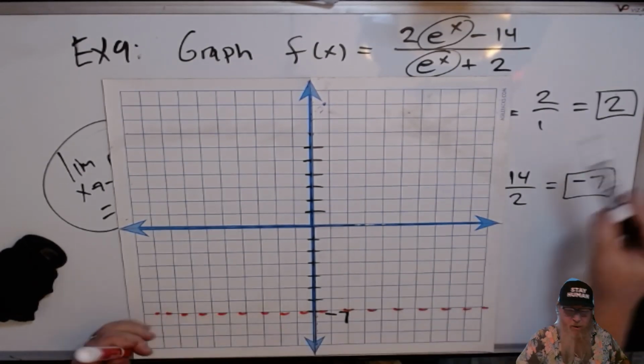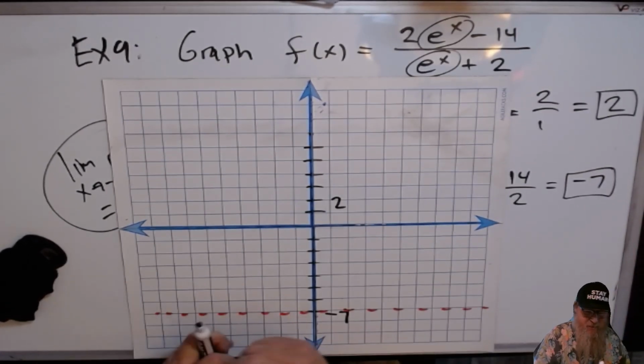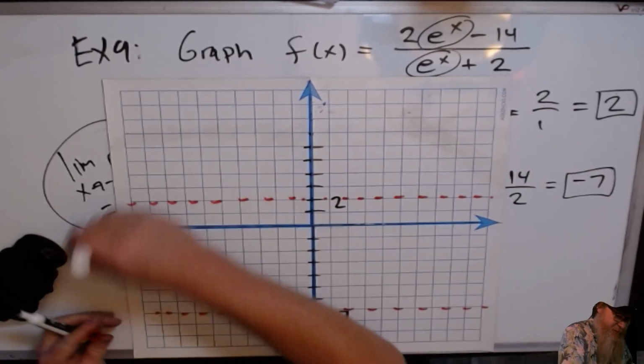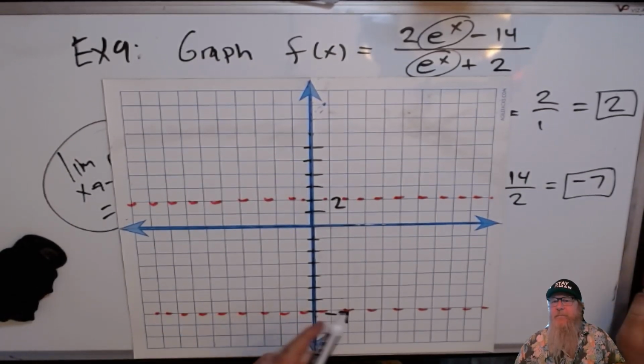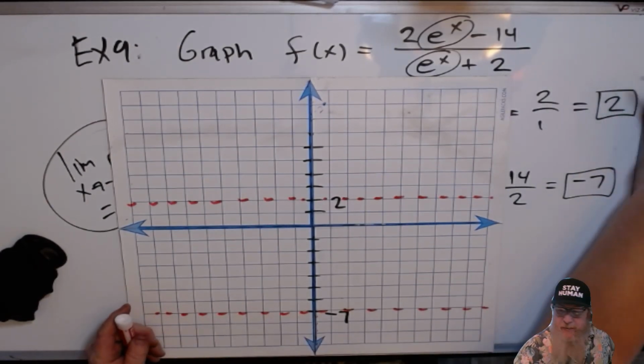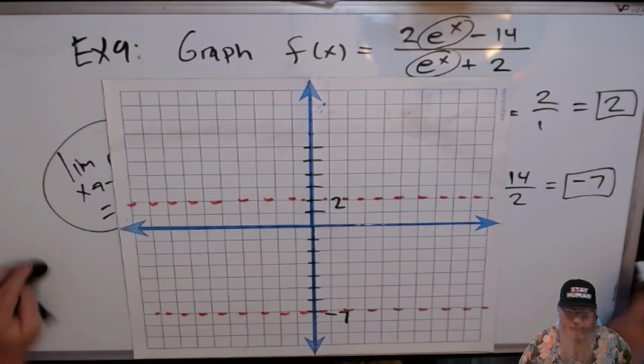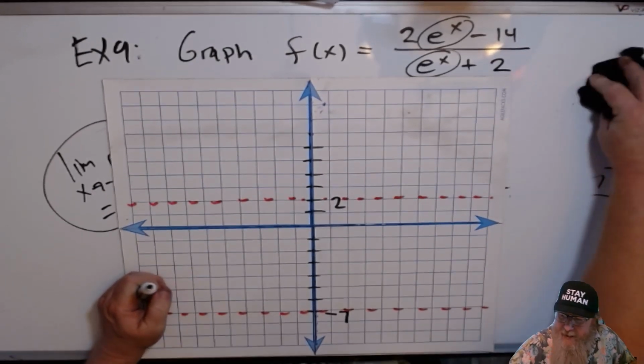All right. And then 1, 2. All right, now I only need 2 points. All right, those are my asymptotes. My 2 asymptotes. Now I just need a couple points. Any points will do. Just plug in a couple numbers.